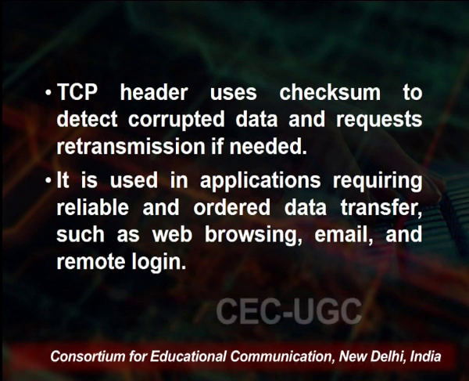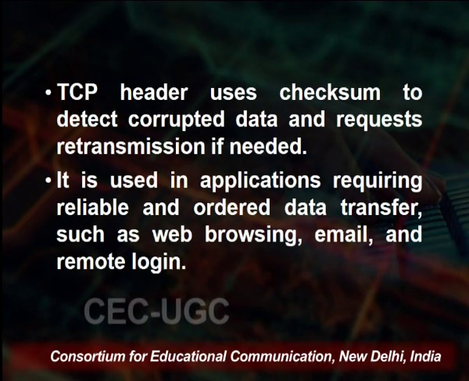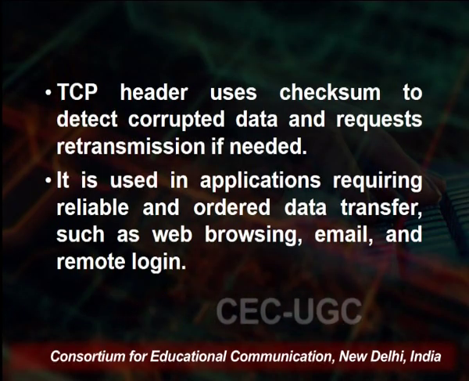because the responsibility of the transport layer is also data transmission in a reliable manner. Now this kind of mechanism, which is requesting retransmission if your data is detected as corrupted, is used in applications which require reliable and ordered data transfer.